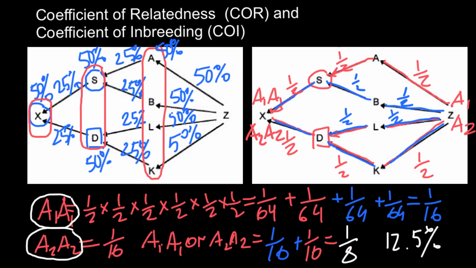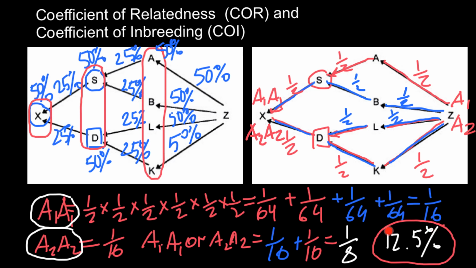Once again, the inbreeding coefficient means that about 12.5% of loci of this individual would be homozygous by descent. We just took one locus, but one locus means one gene. Normally, an organism has thousands of genes, and this number gives us information that about 12.5% of all genes would be homozygous by descent.